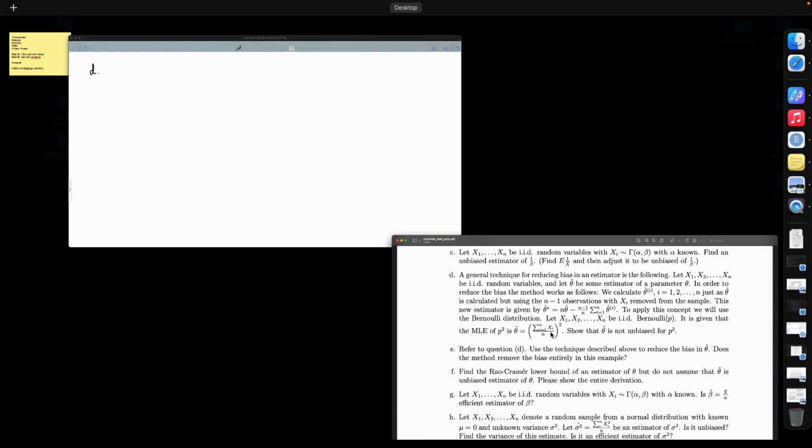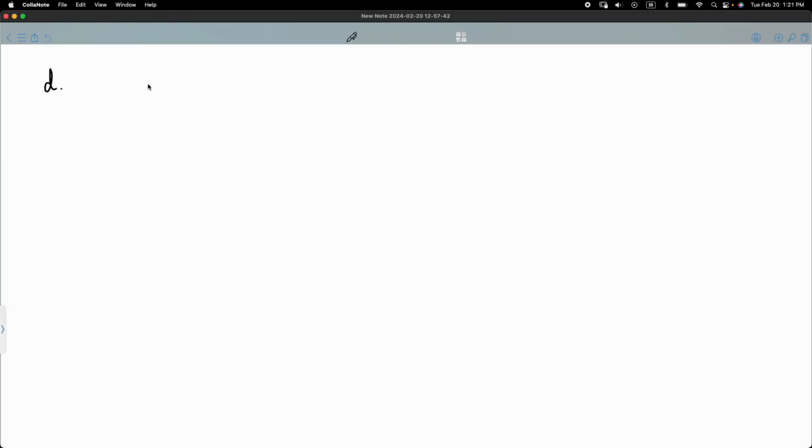So, okay, summation xi over n. So theta hat is summation xi over n, and then altogether squared. This is 1 over n square, summation xi, taking the square.